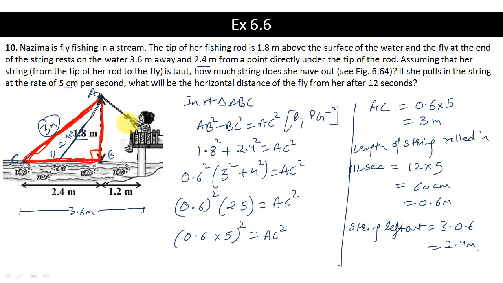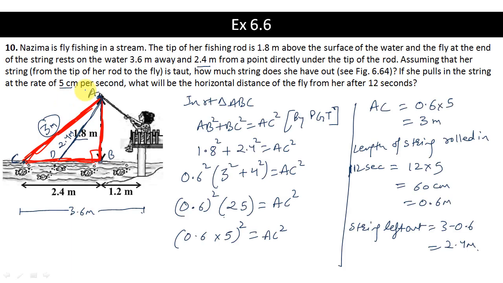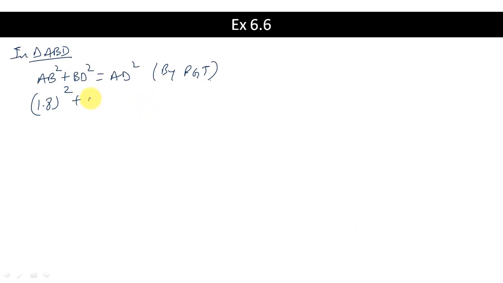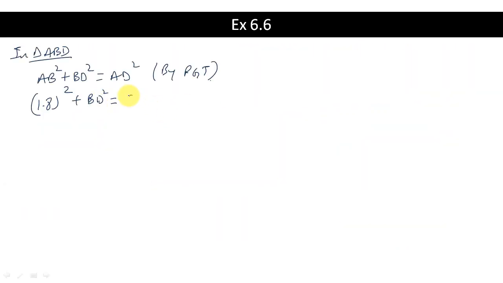Now the length of AB is 1.8 square plus BD, this we have to find. So this will be BD square is equal to AD square. The length of AD is 2.4. So this will be 2.4 square. So BD square will be 2.4 square minus 1.8 square.